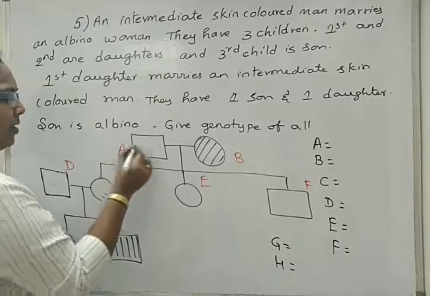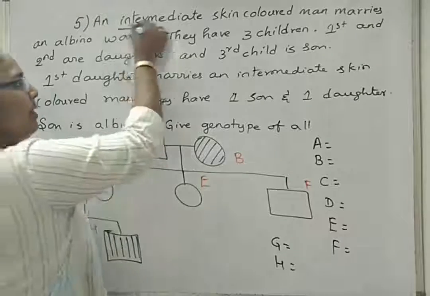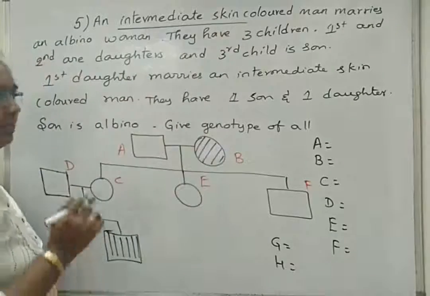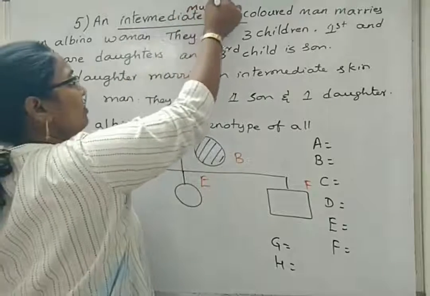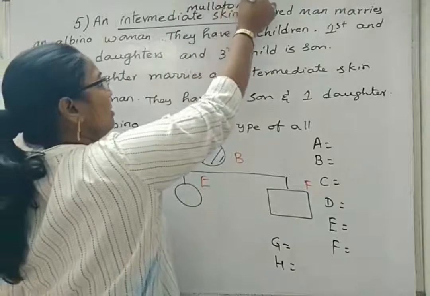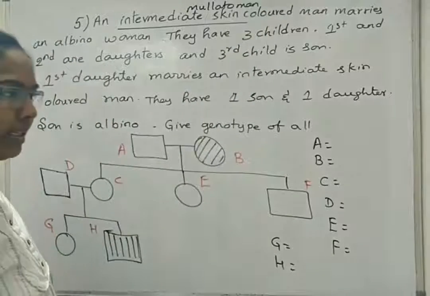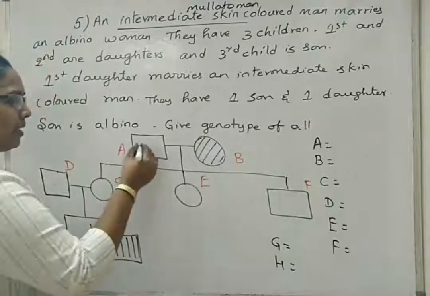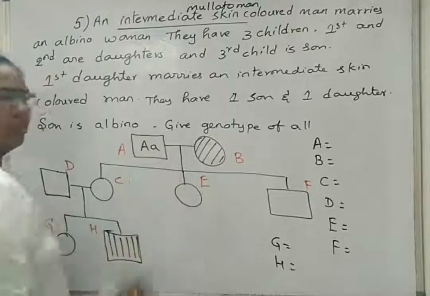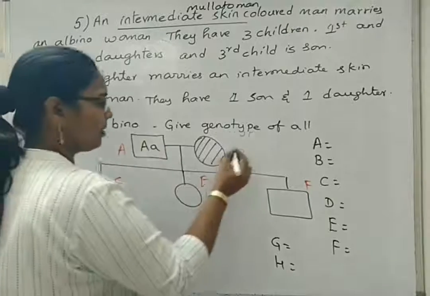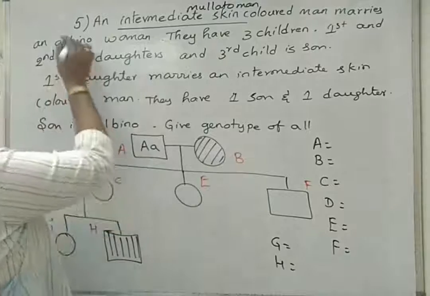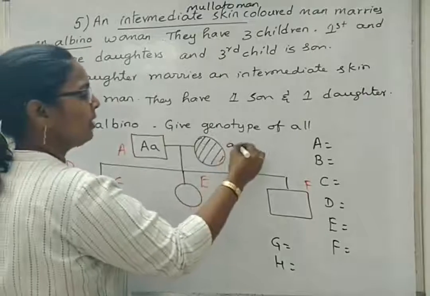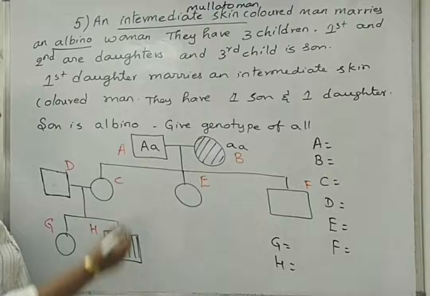Already they have given in the question this is intermediate skin color, which means they are talking about a mulatto man. This is actually related to trihybrid, but for our convenience we will take it as a single-gene allele form. They have included the term married an albino woman, meaning purely recessive genes.